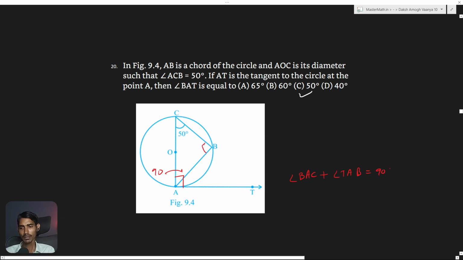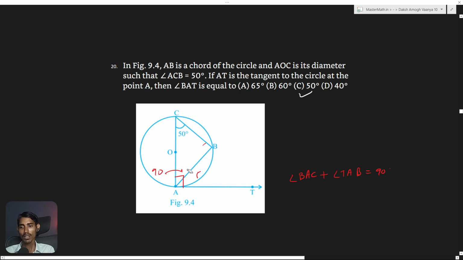ABC is 90 degrees. How? The triangle is in a semicircle. Yes, an angle formed in a semicircle would be 90 degrees. You could have it here, you could have it here, anywhere you have this would be 90 only, 100% sure.